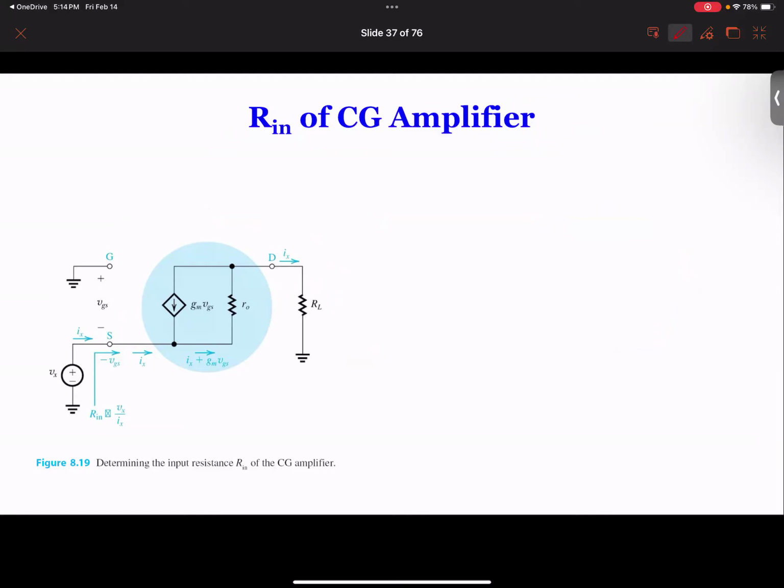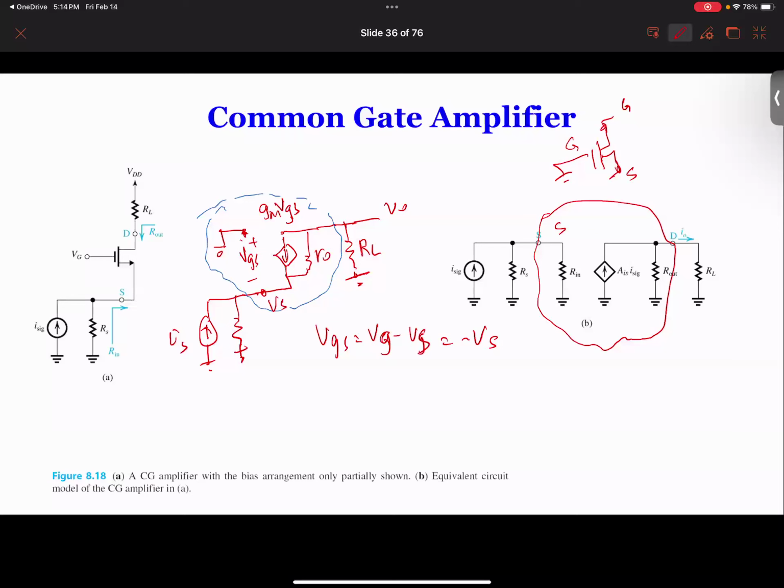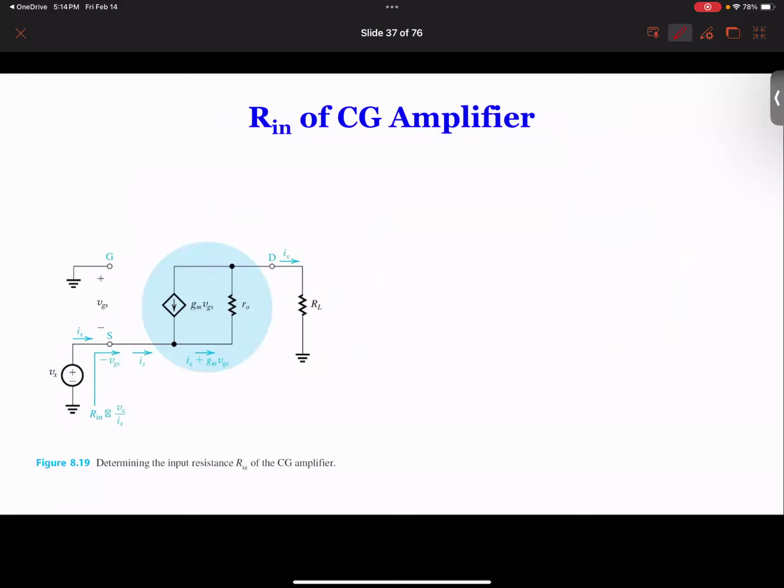The reason we can do that is because we are looking for the equivalent circuit of this thing, and that thing is not part of it. So that's why we simply apply a voltage over here to find the current, and then we find the input resistance.